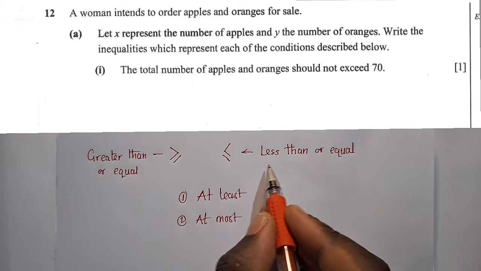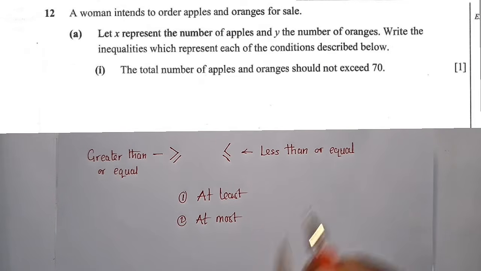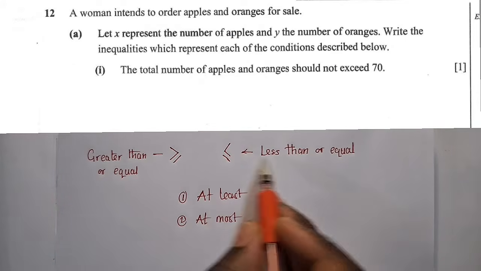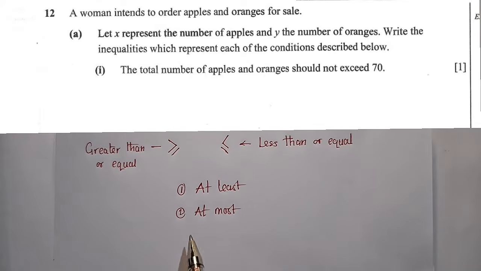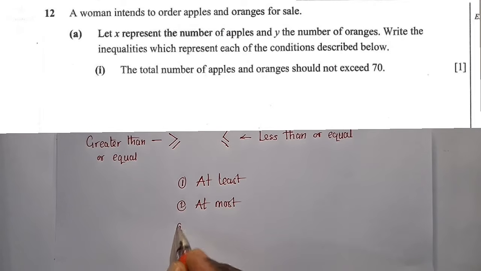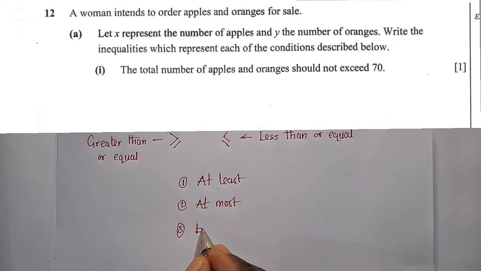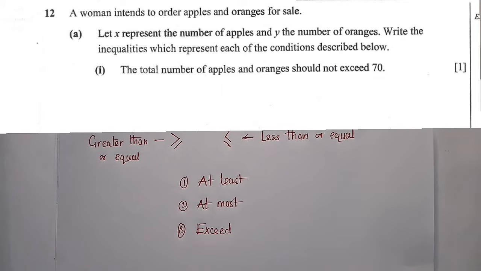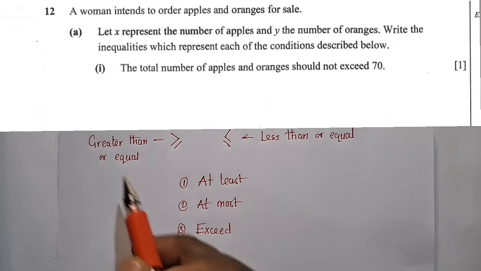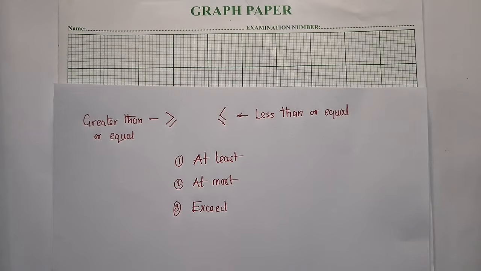At most will fall under less than or equal to. There is another term, which is "exceed." Exceed means it passes something, so exceed will fall under greater than or equal to.